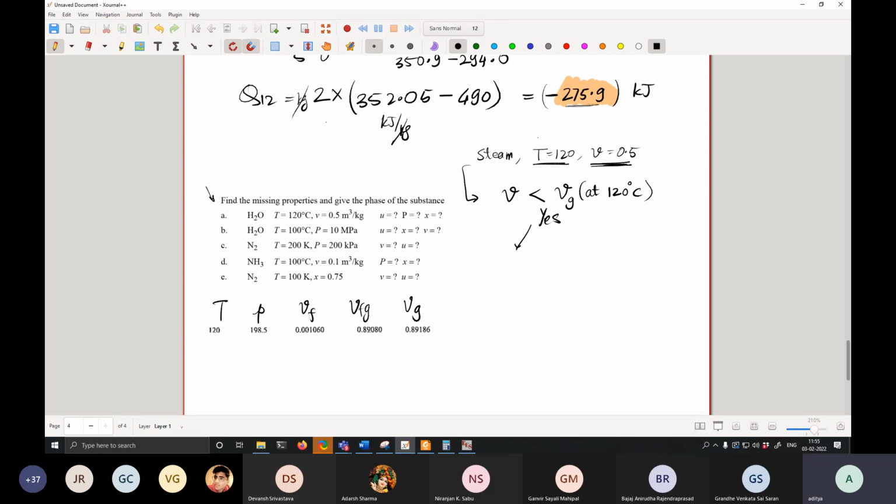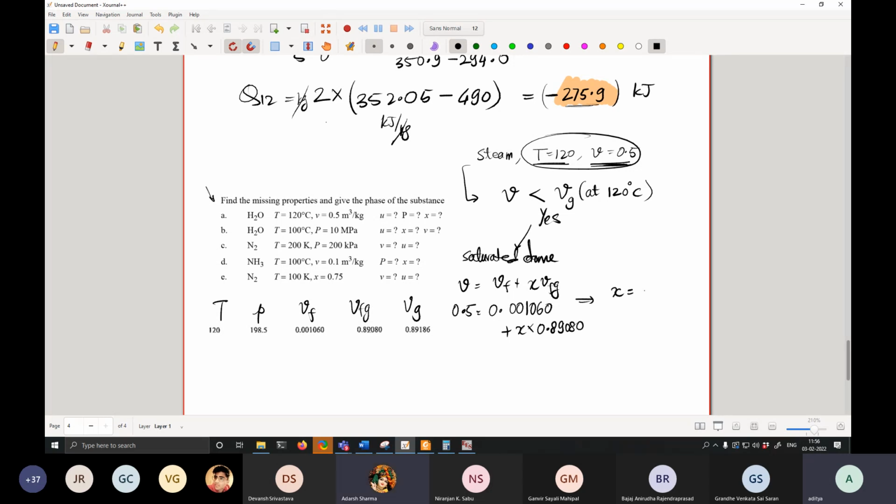So this state is in the saturated dome, which means I can write V is equal to Vf plus X times Vfg. 0.5 is equal to 0.001060 plus X times 0.89080. So what is the value of X that we obtained? 0.56, I guess.